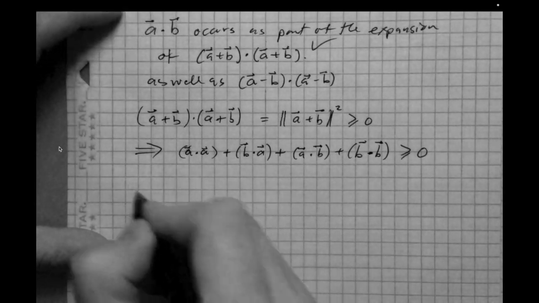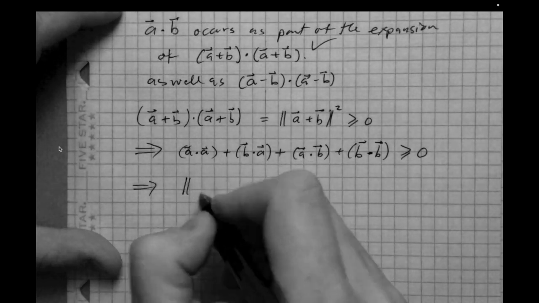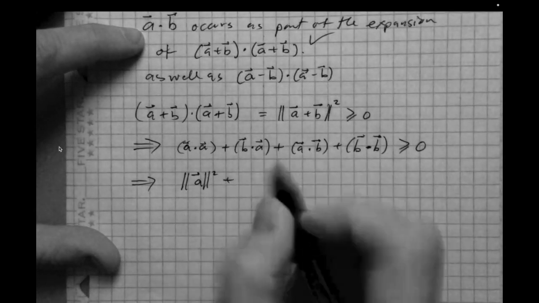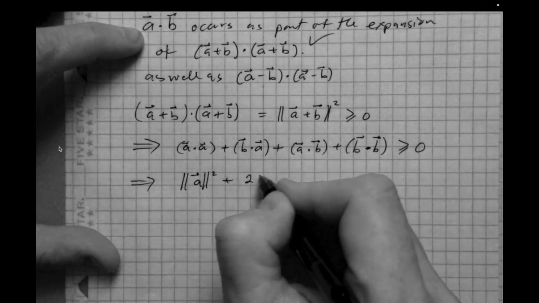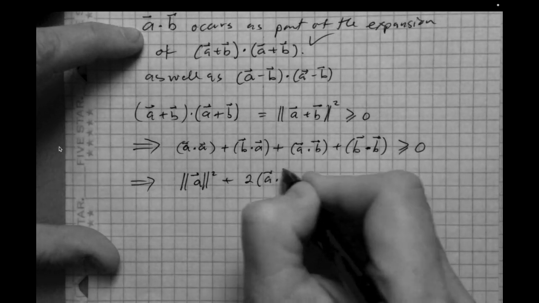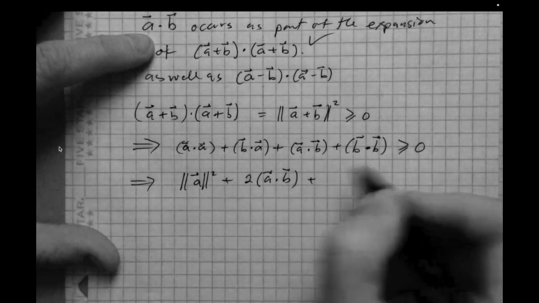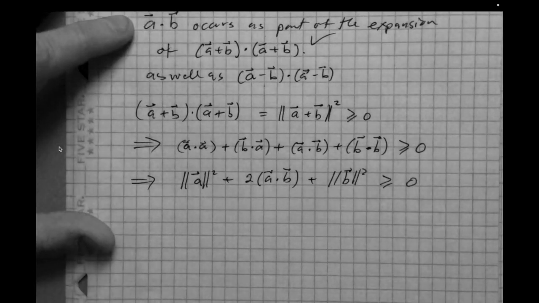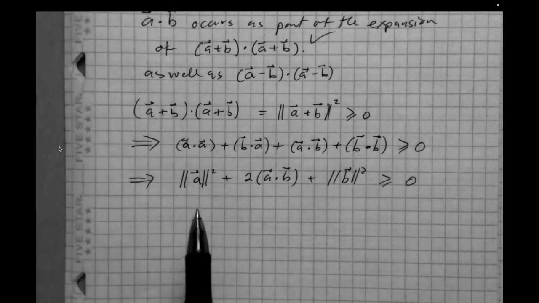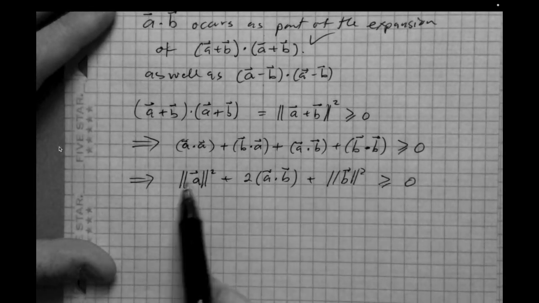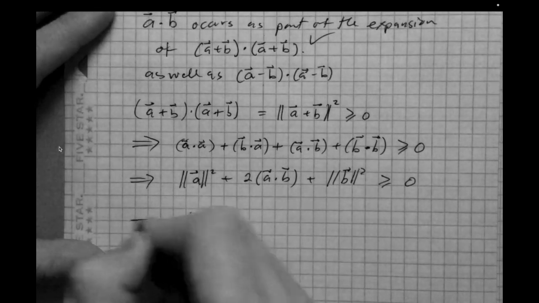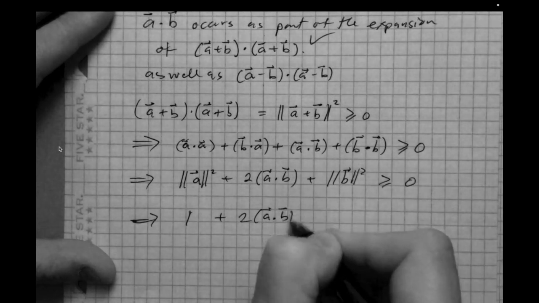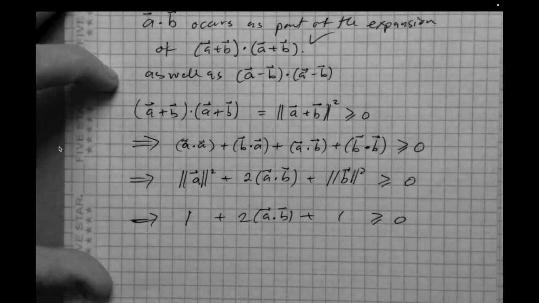This guy here is just the norm of a squared, and then I've got b dot a and a dot b, so I've basically got 2 times a dot b. And then this over here is the norm of b squared, so that's got to be greater than or equal to 0. And so a, remember, is a unit vector, and so is b. They're both unit vectors, so this and this are both equal to 1, so I have 1 plus 2 a dot b plus 1 is greater than or equal to 0.